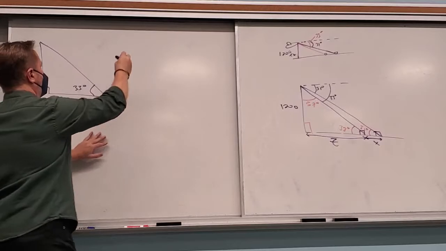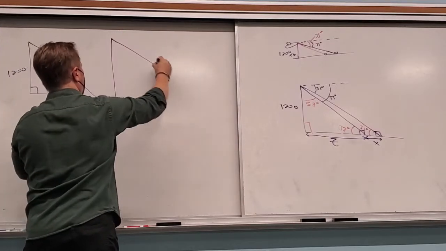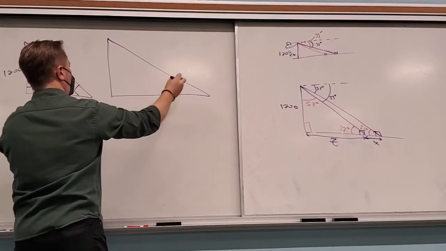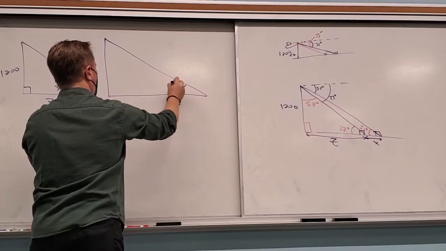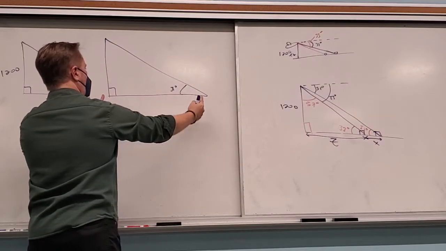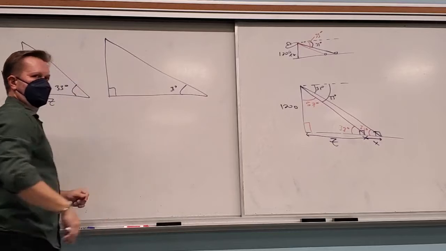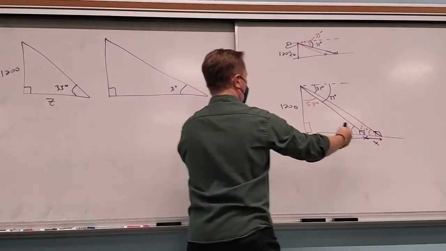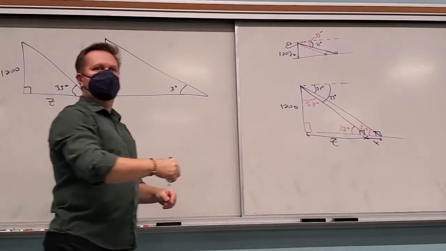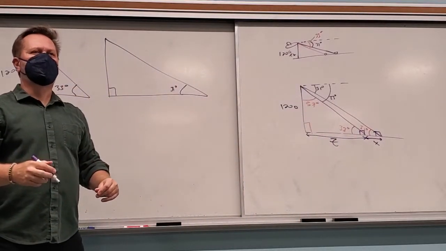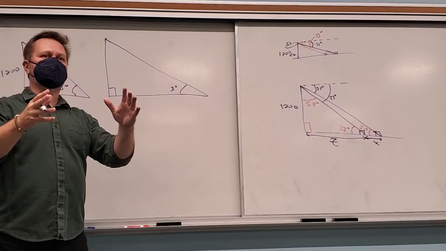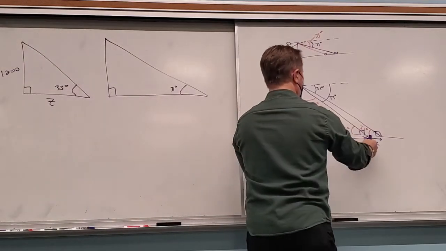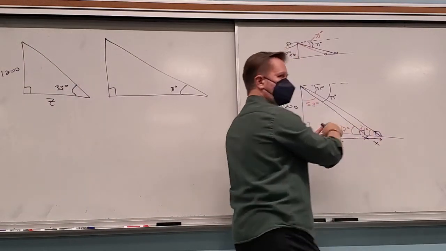The other triangle is the bigger triangle. It goes further out, and it's got a 31-degree angle here. Can somebody tell me how long this is? It's definitely not X. Z plus X, right? This is Z, this is X. So this is Z plus X all the way across.